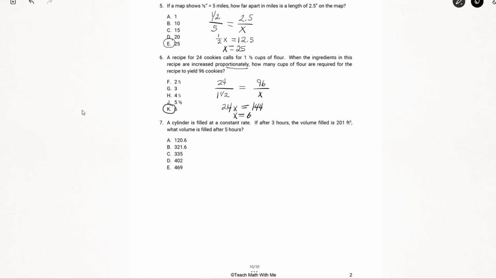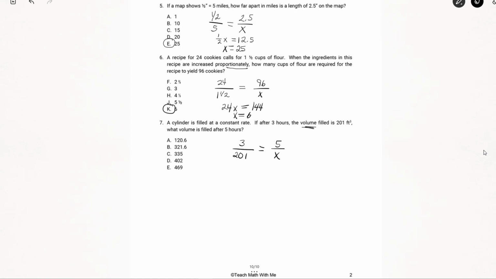Number 7. A cylinder is filled at a constant rate. If after 3 hours the volume filled is 201 cubic feet, what volume is filled after 5 hours? You may at first think you have to calculate the volume of a cylinder, but in this case we don't have to. It turns out to be using rates and proportions. After 3 hours, the volume filled is 201 cubic feet, and we want to know the volume after 5 hours.